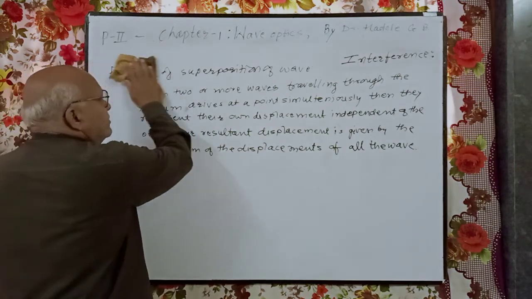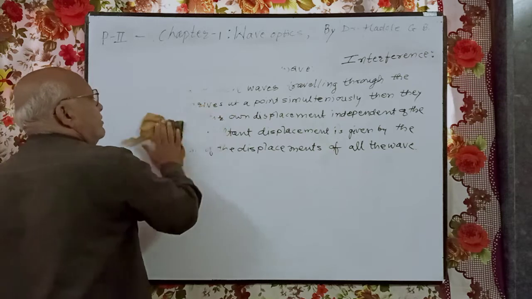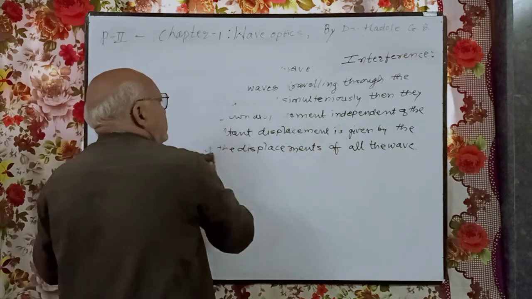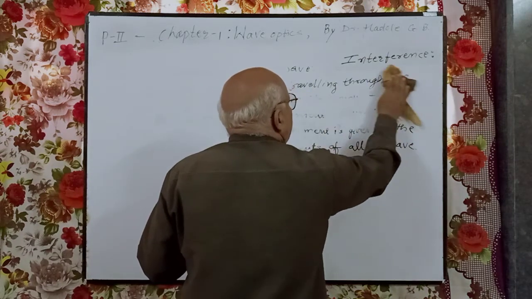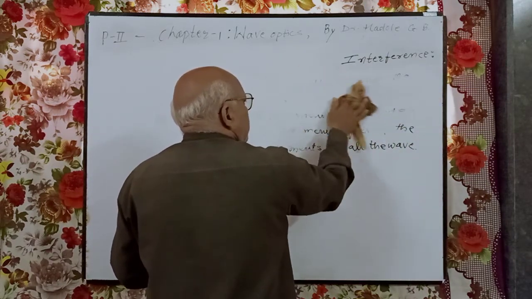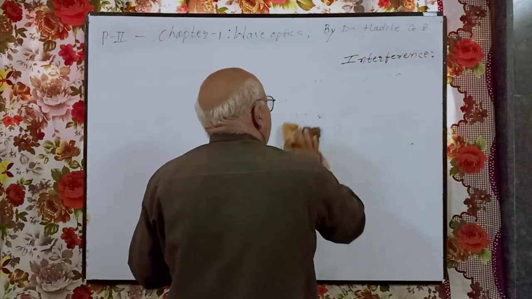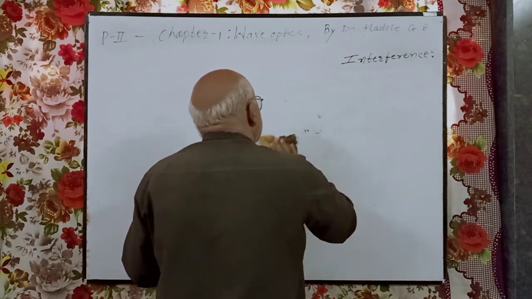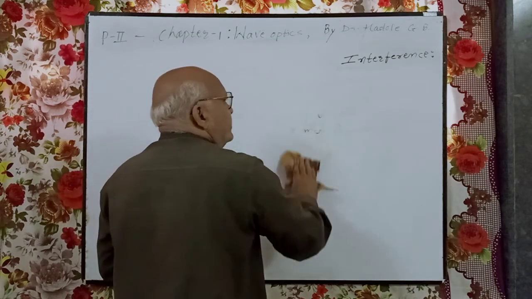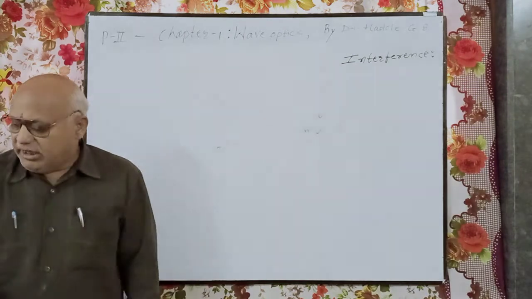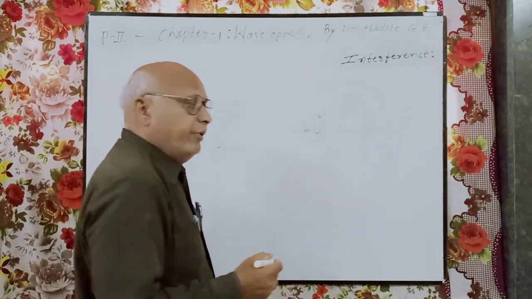Next, here we will consider an example of interference. With this superposition of waves, the interference phenomenon takes place. What is interference? That we are going to learn. Our main point of interest is interference, and for this purpose we are going to consider two waves.